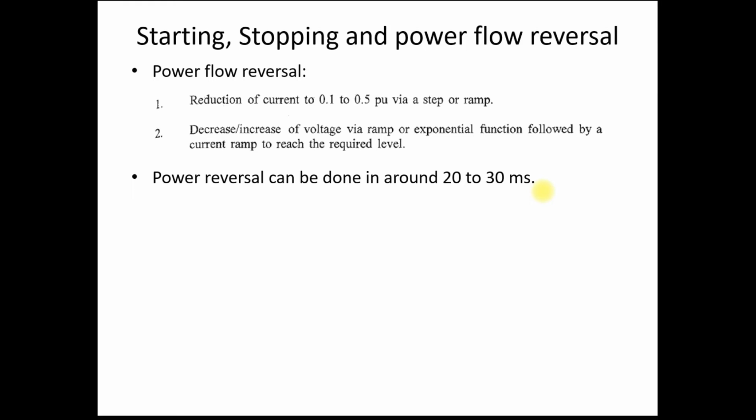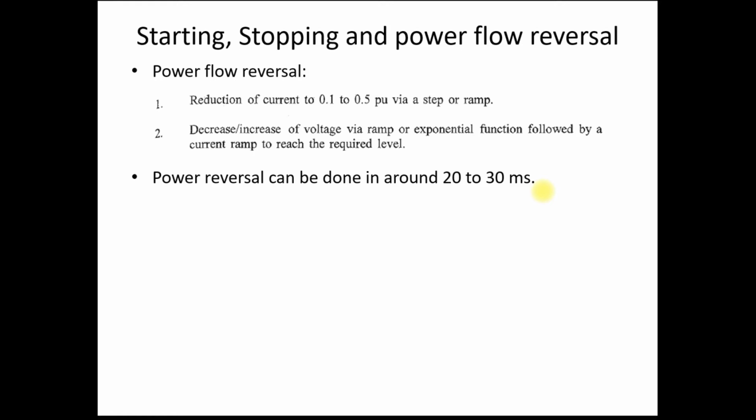So most of the schemes of the HVDC system are fully controlled and permit bidirectional power flow. To get the power reversal smoothly, we have to follow the following sequence so that we can achieve the smooth reversal of the power flow in the HVDC system.